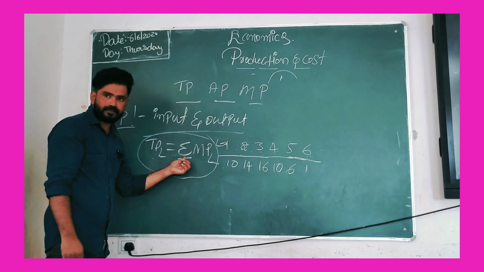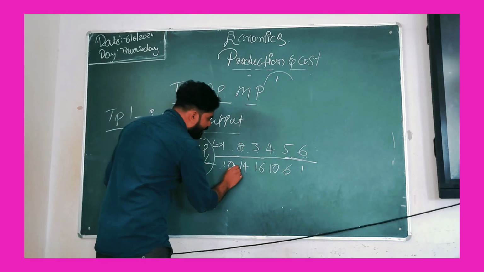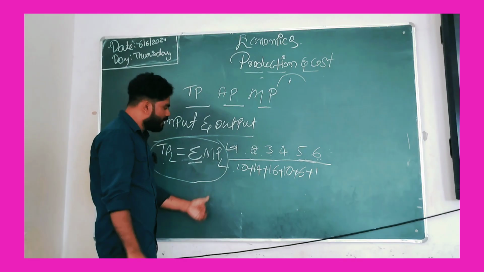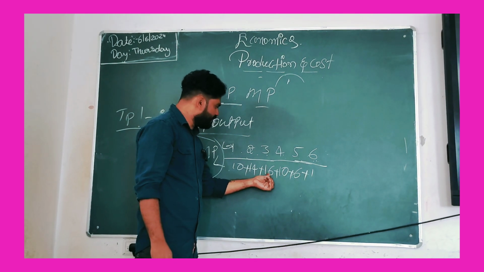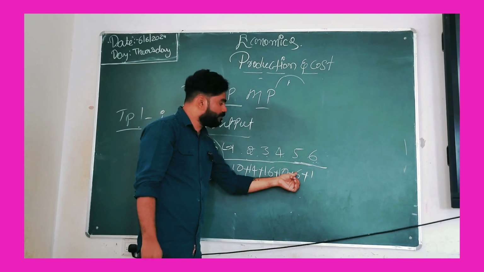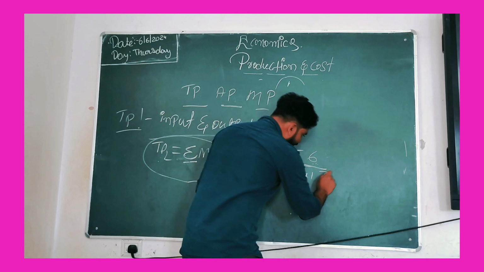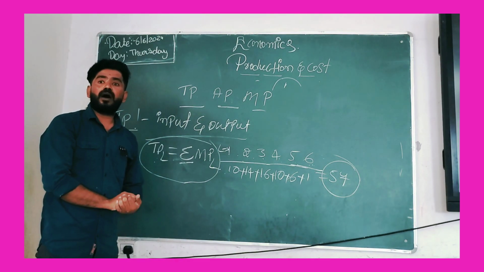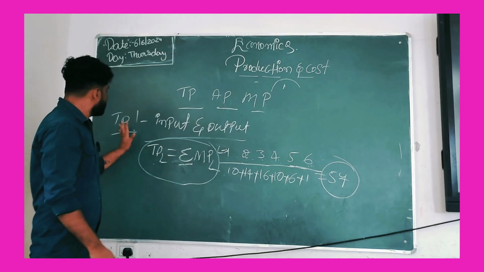Sigma means added, so marginal product is added. 10 plus 4 is 14, 14 plus 10 is 24 and so on, 50 plus 6, 56, 56 plus 1, 57. This is the marginal product. It is called marginal production.